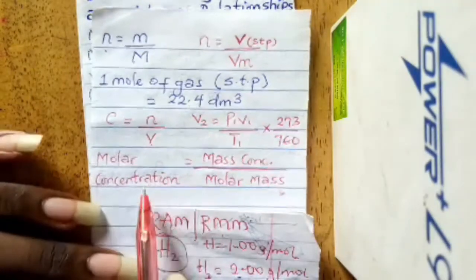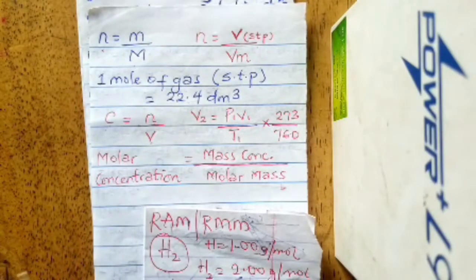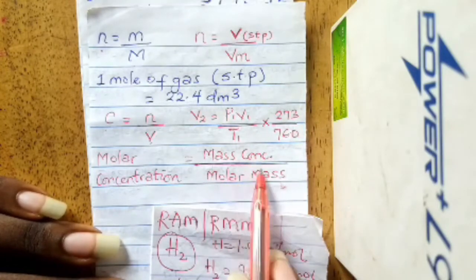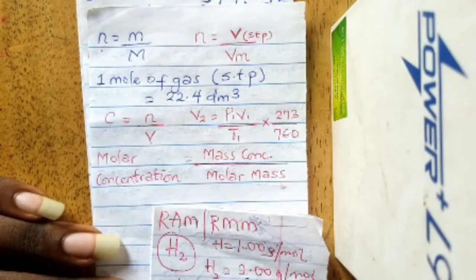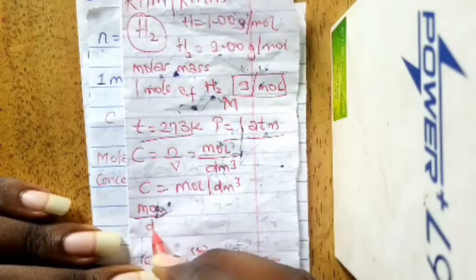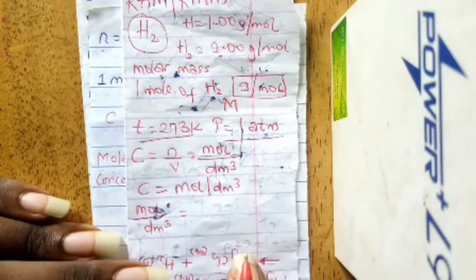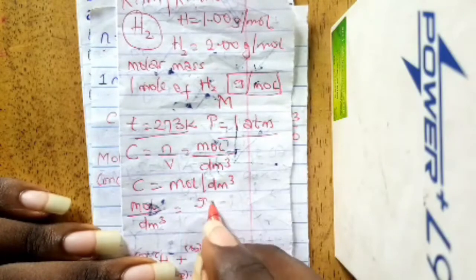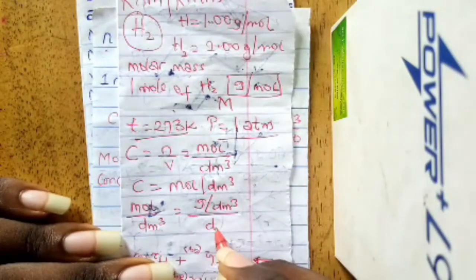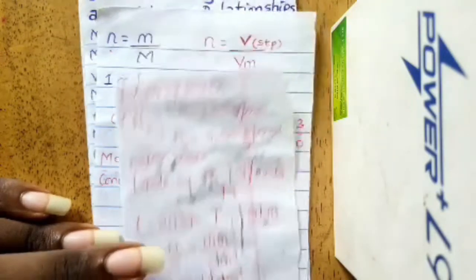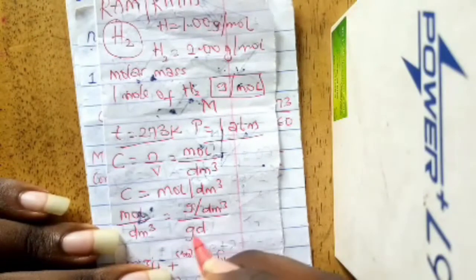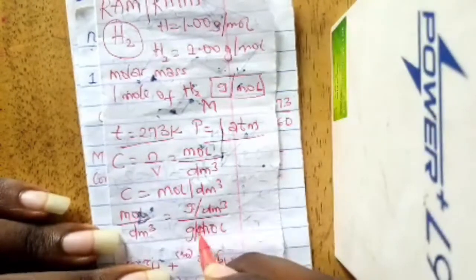Also we have molar concentration. The formula for molar concentration is the mass concentration over the molar mass. So our molar concentration, which is in mole per dm cube, is equal to the mass concentration, which is gram per dm cube, all over our molar mass, which is gram per mole.